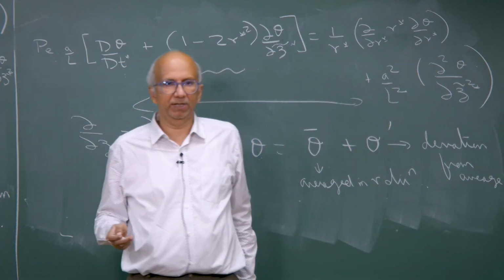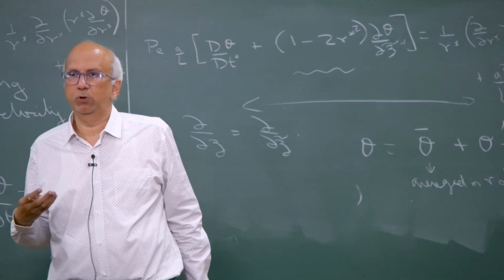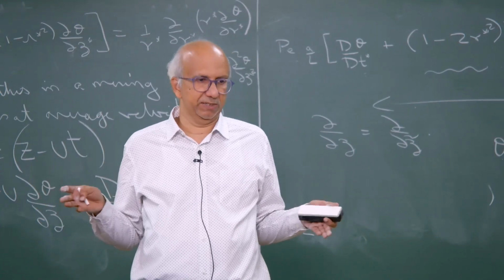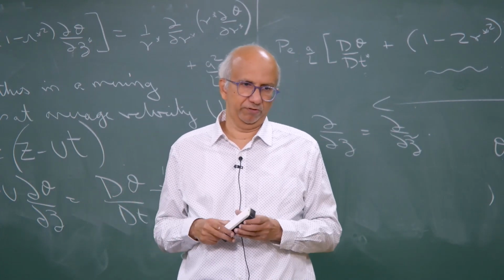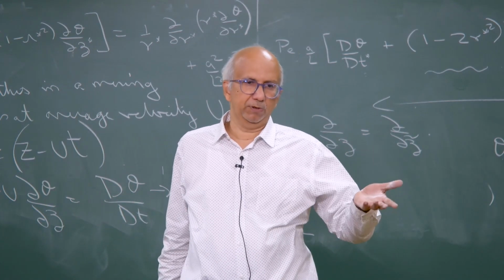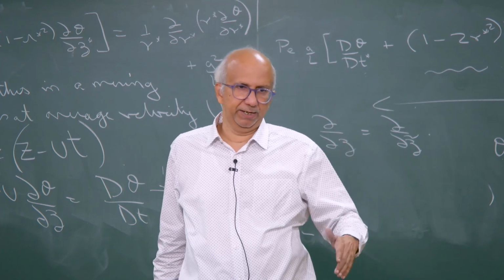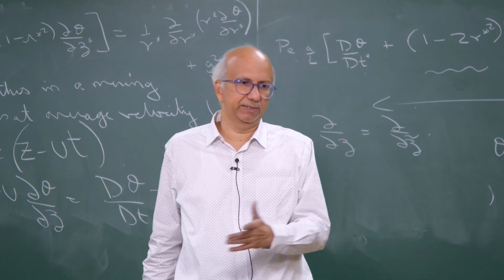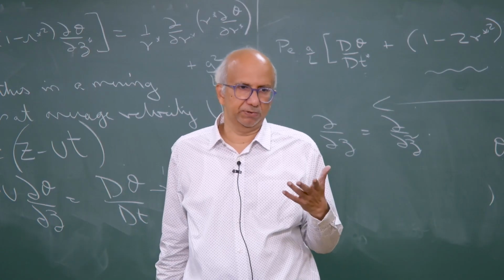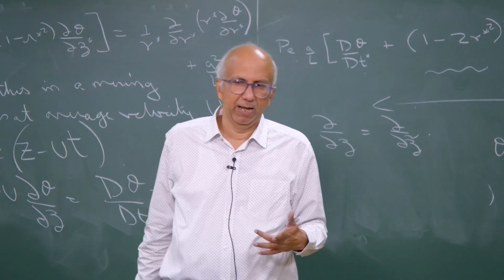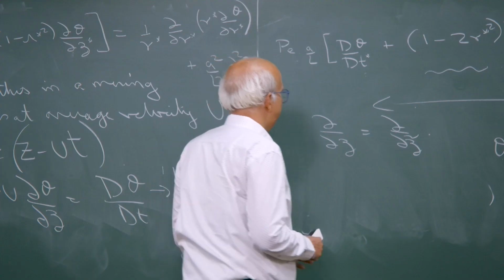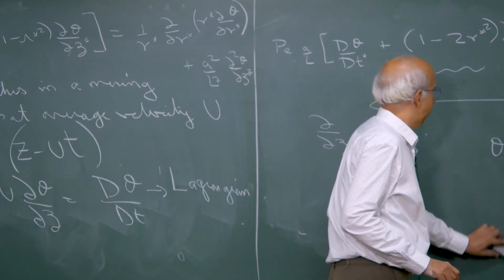Why am I interested in this? Because what I want to do is I want to find out how does the average temperature change. If you remember, I told you what we find is we are talking about the average temperature in the radial direction, how does that spread in the z direction, that is the objective. So, I need to do an averaging. Okay. And how do you do the averaging, how is theta bar defined?